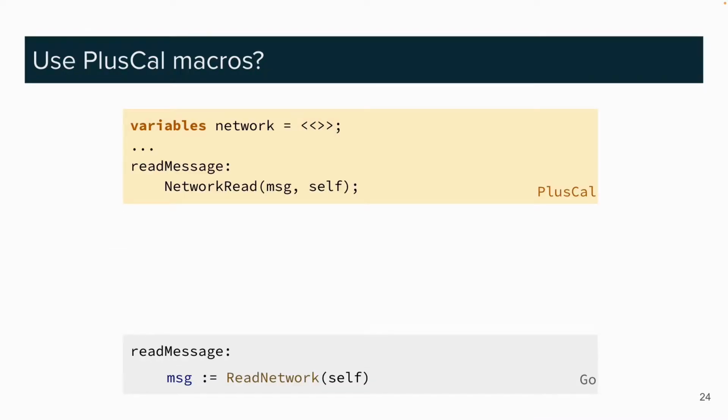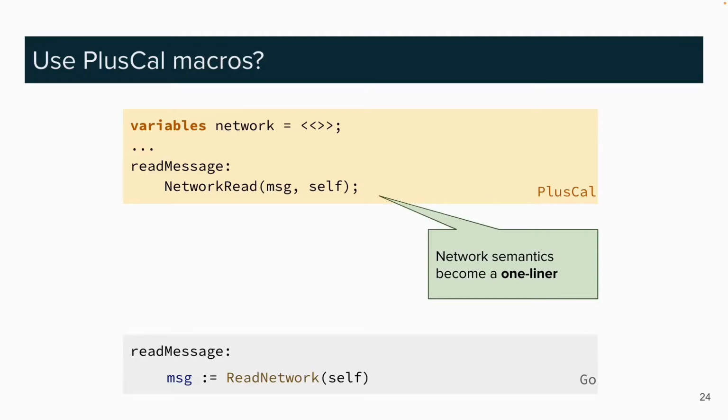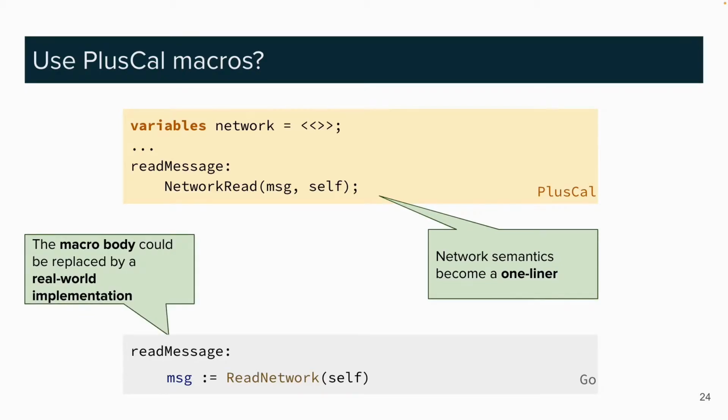So a solution might be using PlusCal macros. PlusCal macros are similar to C macros, and the macro call will be replaced by its body. So by using macros, network reads become a one-liner on the PlusCal side, and the macro body can be replaced with a concrete implementation on the Go side.